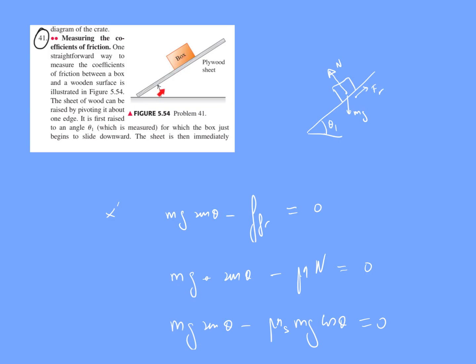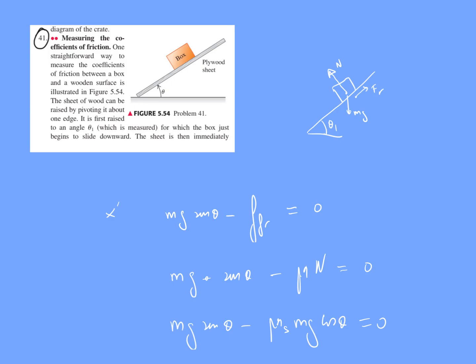You are going to measure the angle at which it will start to accelerate. It will accelerate downwards in this x prime direction. You know what is the x prime direction that I'm talking about all the time. So the idea is to relate the static coefficient of friction with the angle theta.